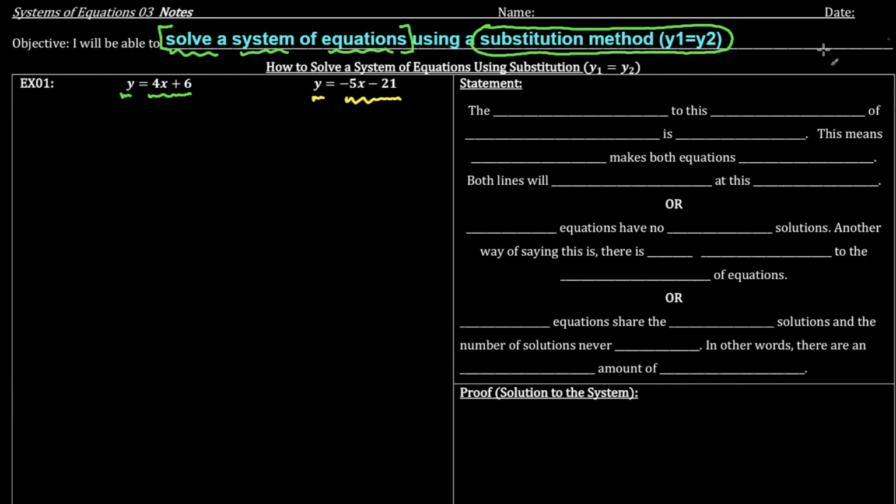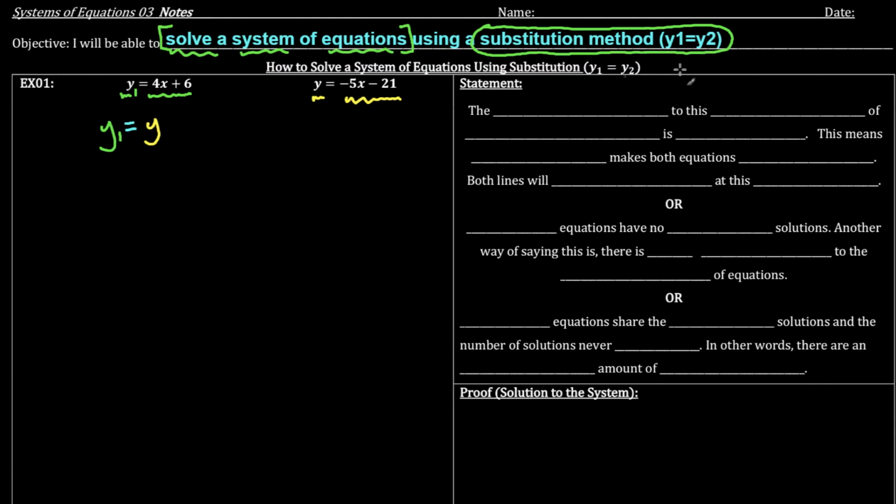I essentially want to know when this y will be equal, or equivalent, to this y. We'll call this one y1 and this one y2.